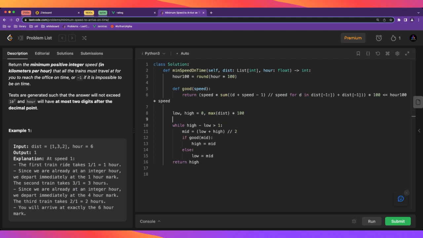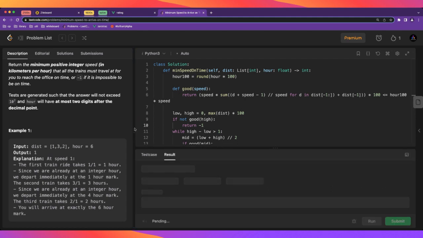So if it's not good here, then we have to return -1. And I think this should do it.